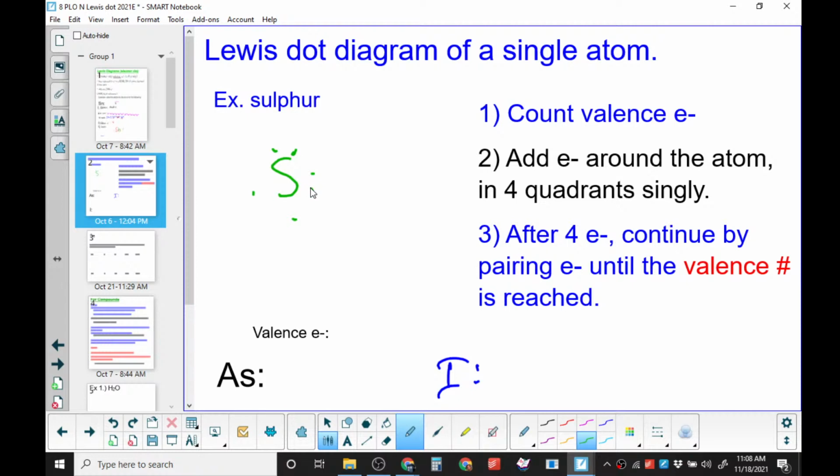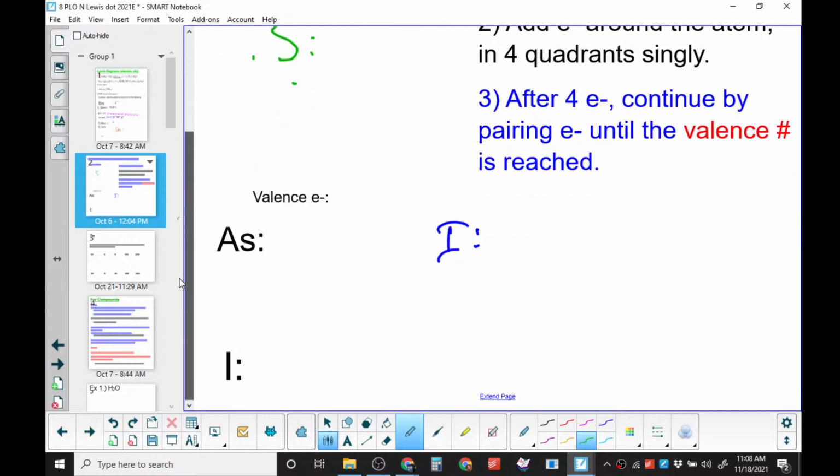Excellent. 2, 3, 4, 5, 6. And let's scroll down. What I'll do is, because we have iodine underneath it, we'll just erase that one and then pick.